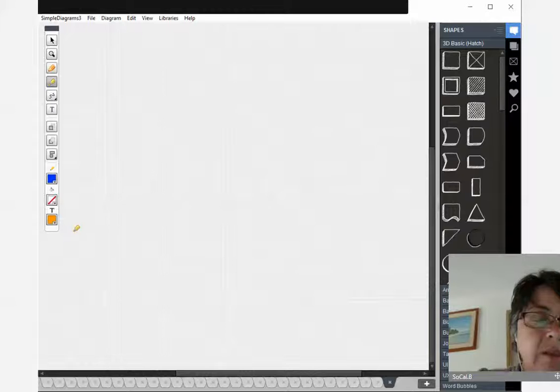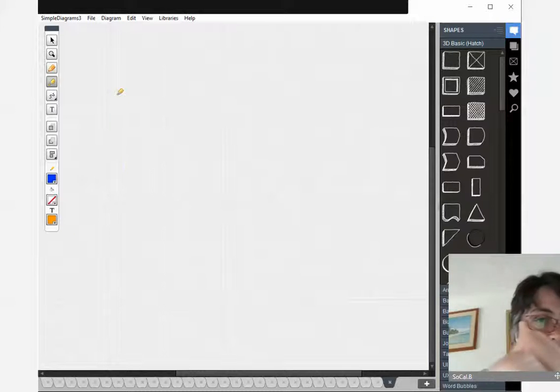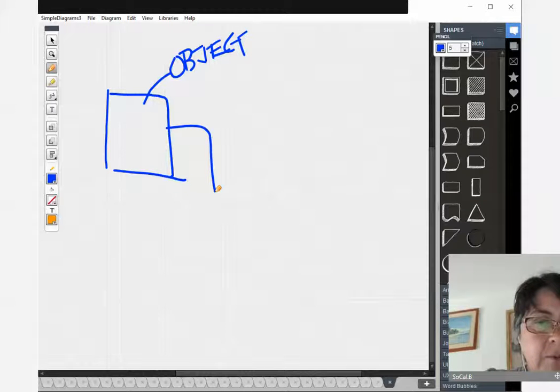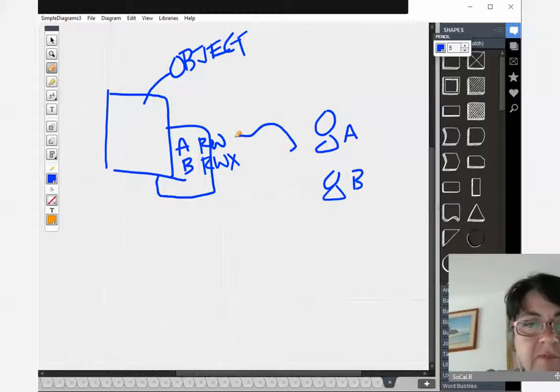Let's say we have an object that you want to access, and the object used to have rules that say, look, person A can do read write, person B can read write and execute, and then you have person A and person B, given these rights.